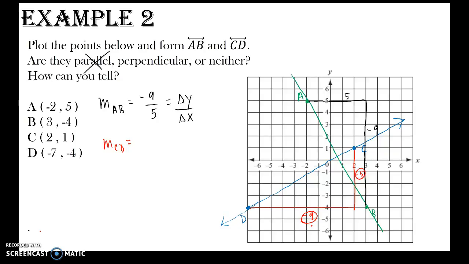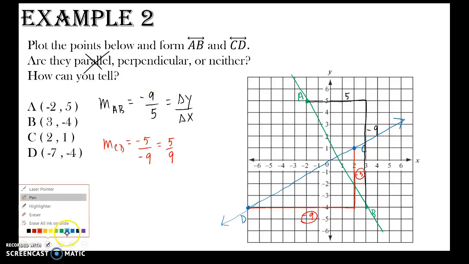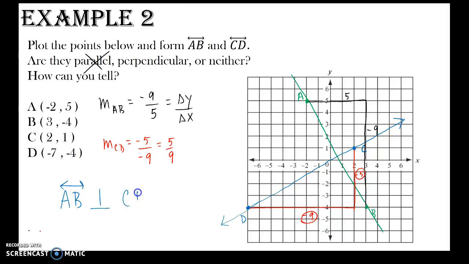So my slope of CD, rise over run, -5 divided by -9. The two negatives divide to a positive 5 ninths. So now when I compare my slopes, they are in fact opposite reciprocals of each other. So our conclusion would be that line AB is perpendicular to line CD.